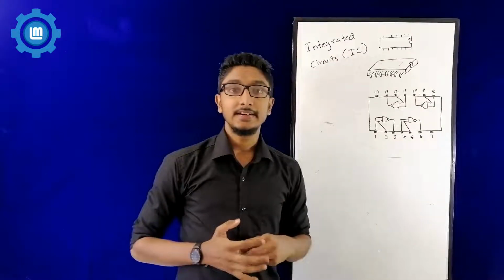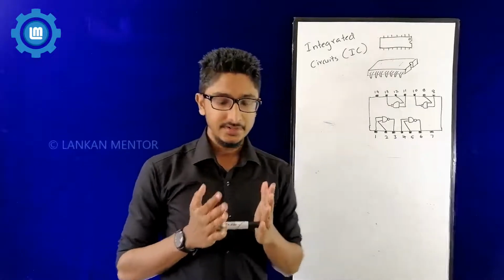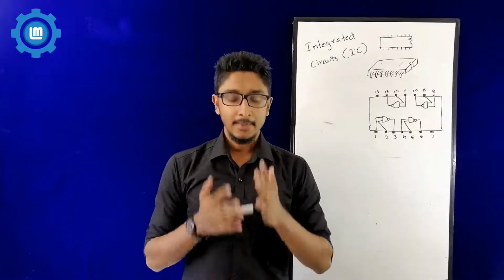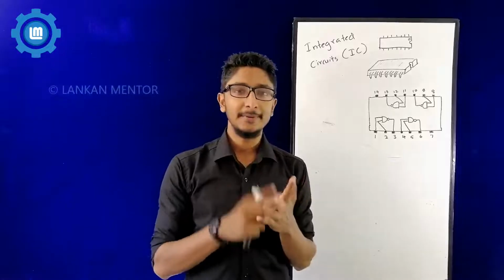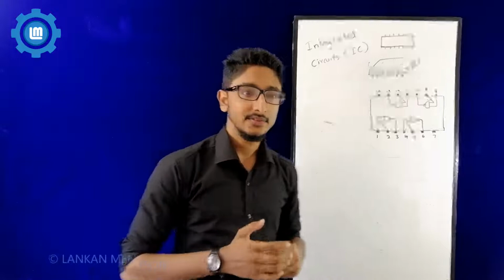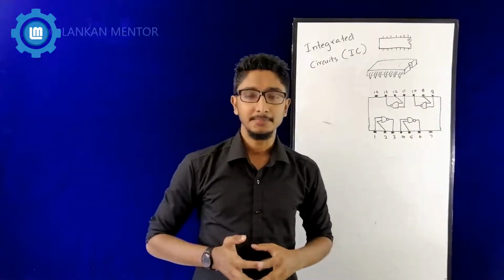These integrated circuits are used in almost all of the electronic equipment these days. They are built of many resistors, diodes, capacitors, and a lot of things. These ICs have those circuits put together into a small chip.